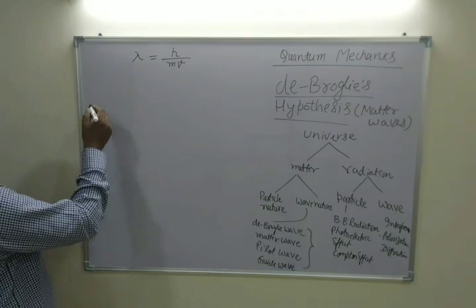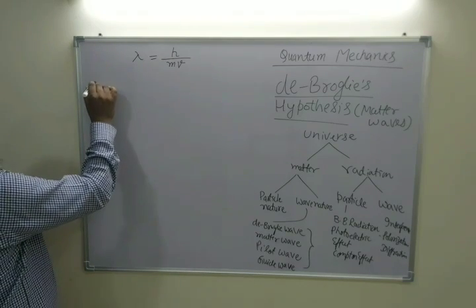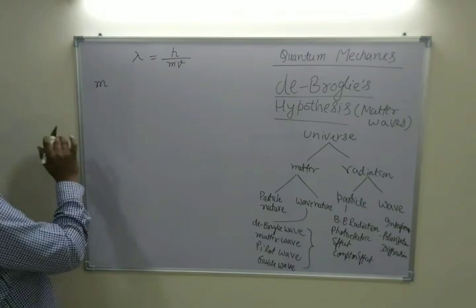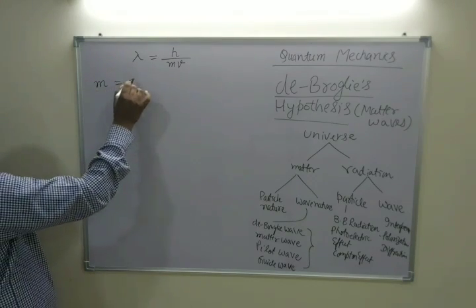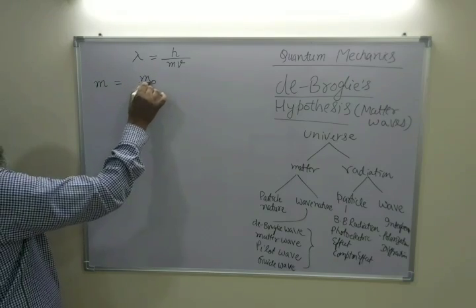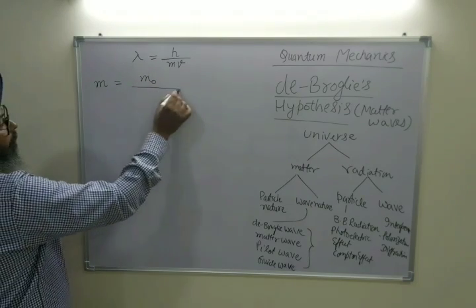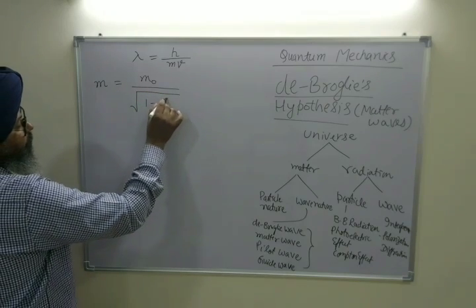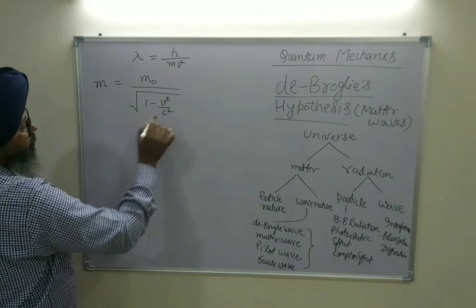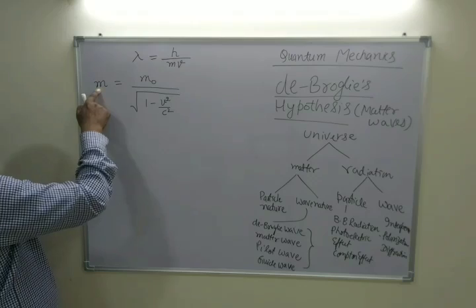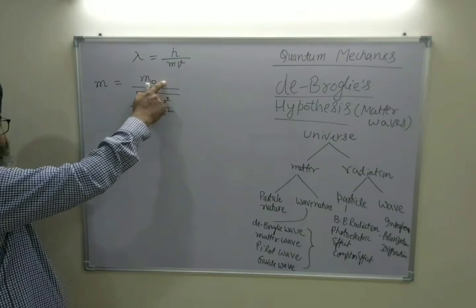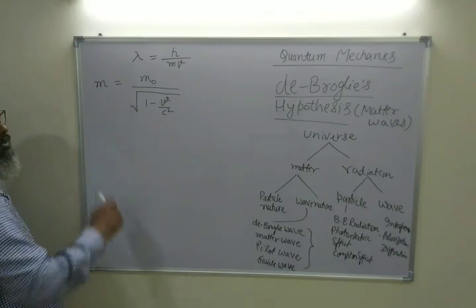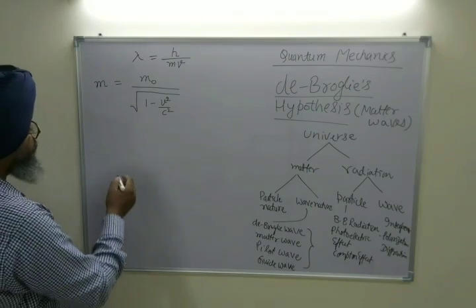The first thing that we must know is that the mass of an object in motion, let us say m, is related to the mass of the object at rest, m0, by this relation: m equals m0 upon square root of 1 minus v square upon c square, where m is mass in motion, m0 is rest mass, v is speed of the object, and c is speed of light in vacuum.